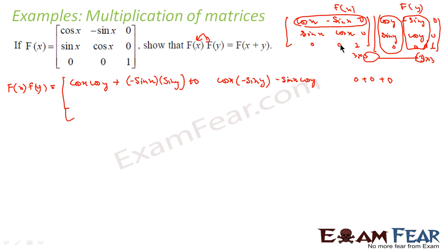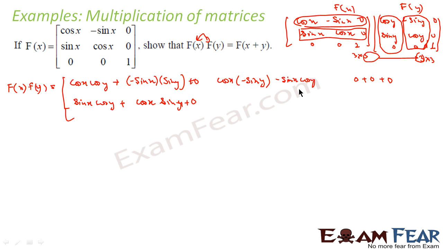The second row will be C2 1. So this guy will be second row multiplied by first column. So that will be sin x into cos y plus cos x into sin y. That guy is nothing but sin x cos y plus cos x sin y, plus 0, you can ignore.